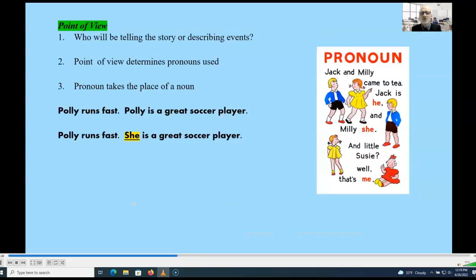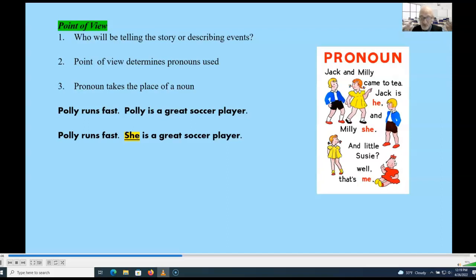Now, an important thing to include, and you decide at what age you're going to delve into this. This certainly wouldn't be in first or second grade. In the early grades, we want students to use first-person point of view. But point of view describes who will be telling the story or describing the events. Will it be a particular person? Will it be a faceless, objective voice hovering in space?